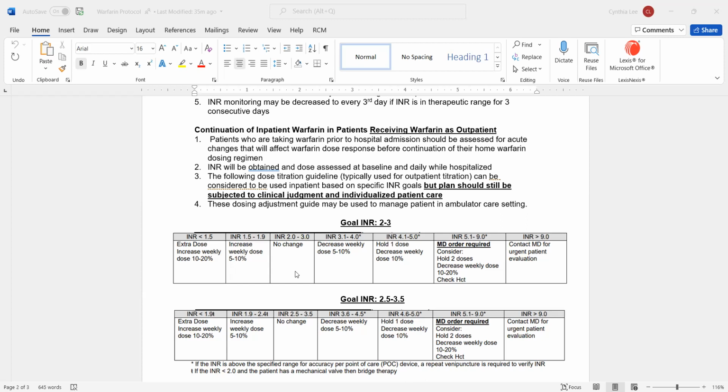So that will change your INR, because the vitamin K content of the diet decreases. And anticipate what kind of INR change you might get from decreasing vitamin K intake from being admitted to the hospital. So those are the things that we need to consider while we are continuing their warfarin in the hospital setting.